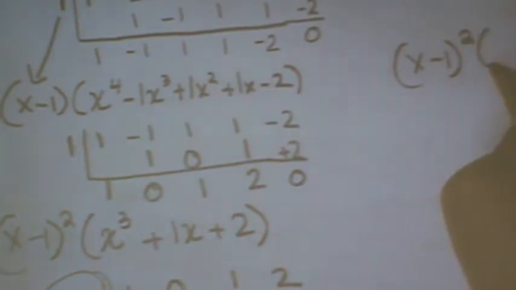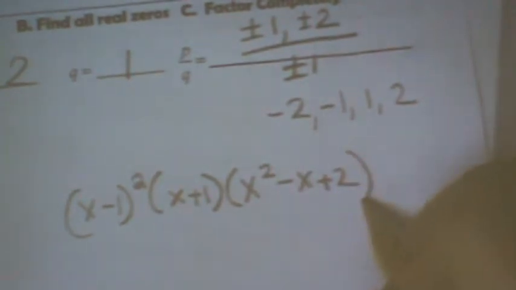So far we have x minus 1 quantity squared times x plus 1 times, what's left here? How do you read this last part? x squared minus 1x plus 2. So x squared minus x plus 2.